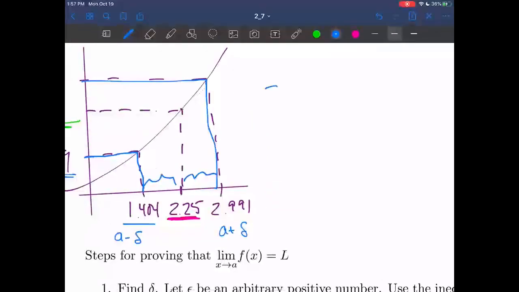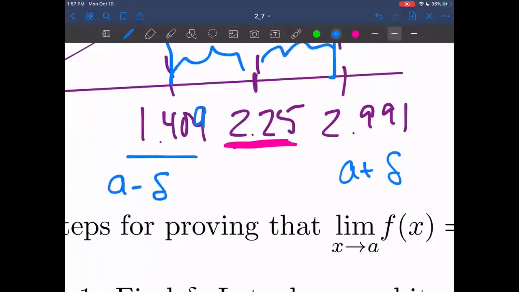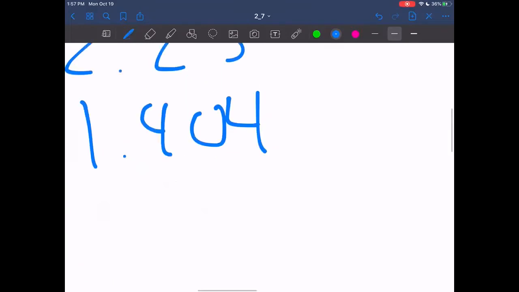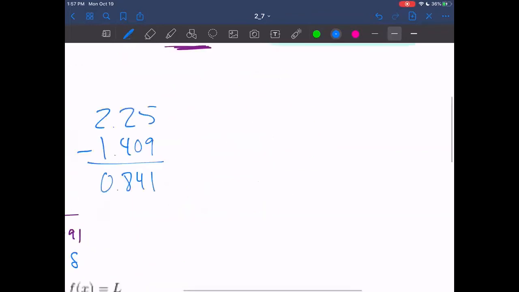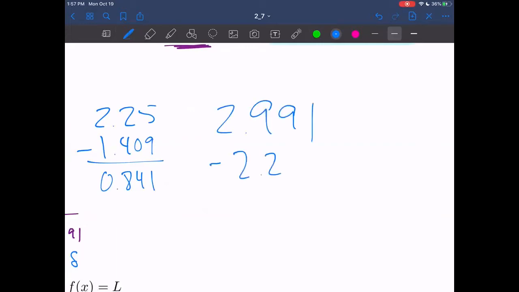I'll do 2.25 minus 1.404, and I get 0.841. Then we do the same with the others: 2.991 minus 2.250, and we get 0.741.